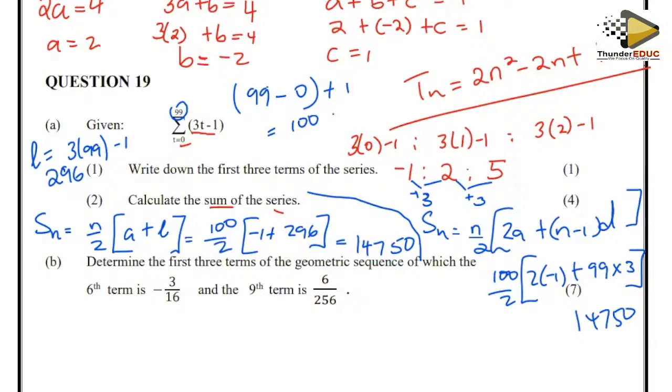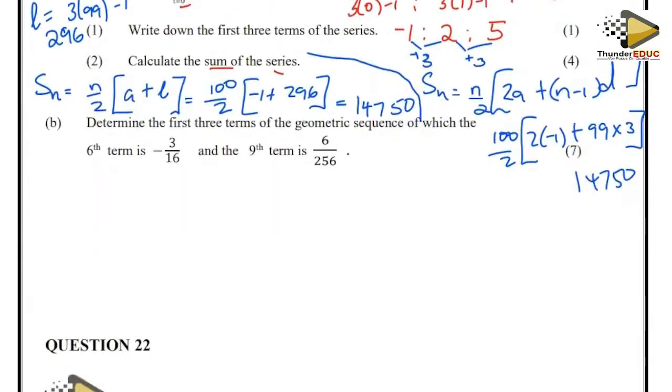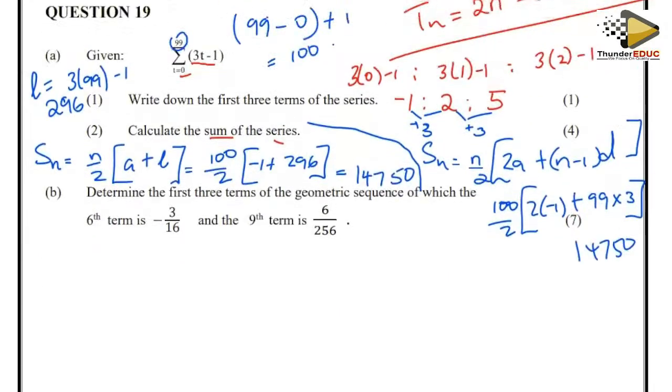All right, part B, that is the 7-mark question. Okay, determine the first 3 terms of a geometric sequence.